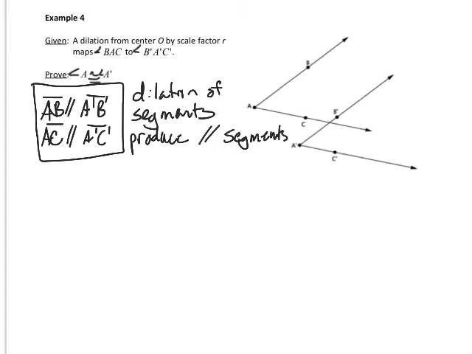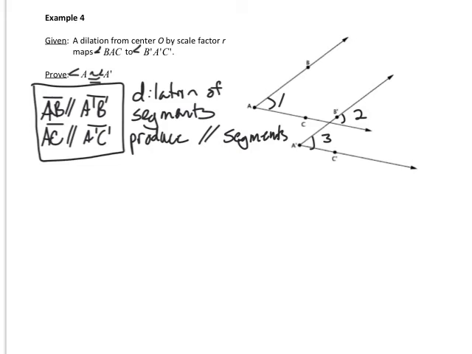Alright, so if they're parallel, I can start labeling some angles here. So I'm going to call this angle 1, angle 2, and angle 3. This looks very similar to what we did in the very beginning of the year. If these two are parallel, that means angle 1 and angle 2 are corresponding angles, therefore they're congruent, and angle 2 and angle 3 are corresponding angles, so they are congruent.